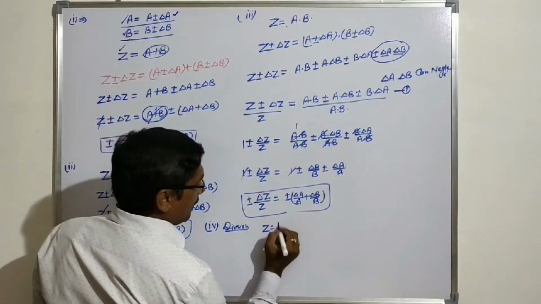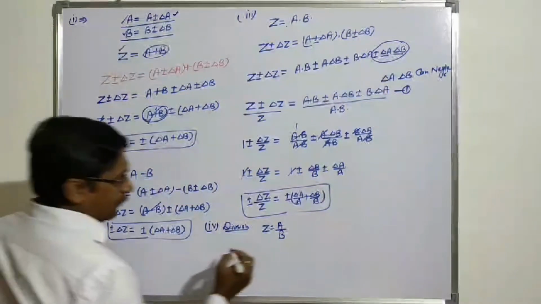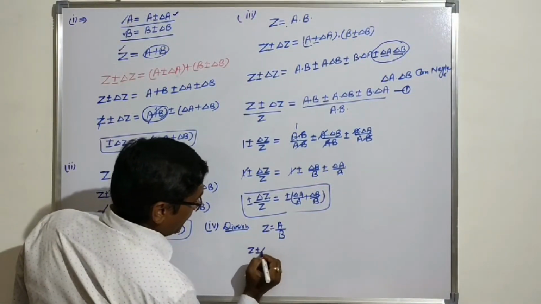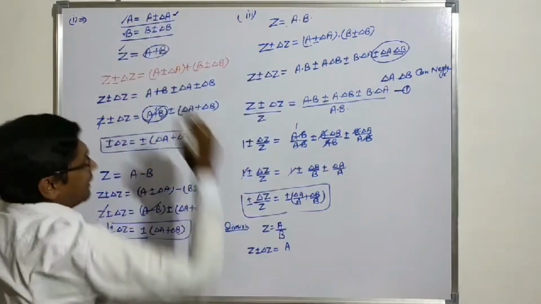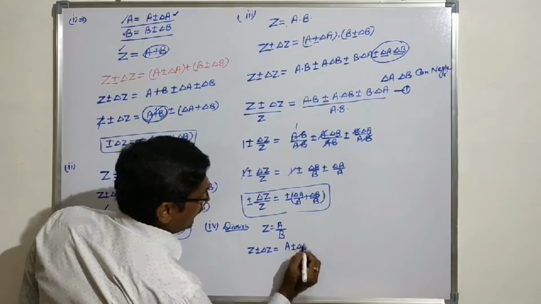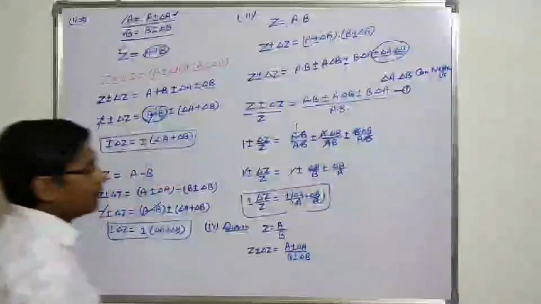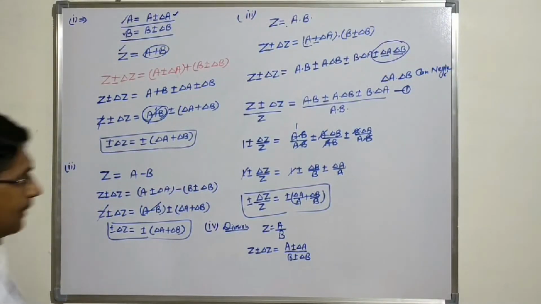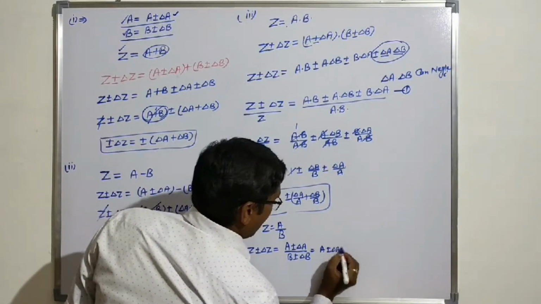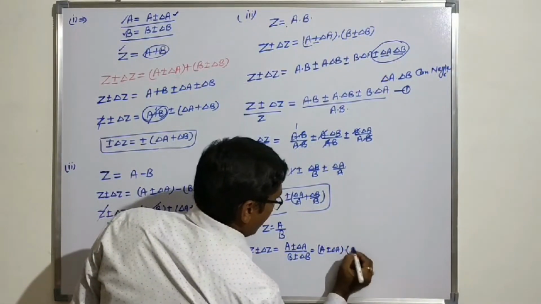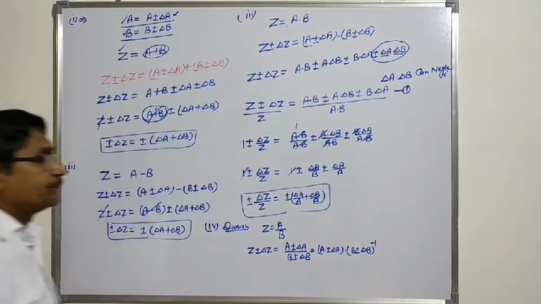Division means Z is equal to A upon B. So we can write Z plus minus delta Z is equal to A upon B, where the value of A is A plus minus delta A, and the value of B is B plus minus delta B. After solving, we can write in this format: A plus minus del A dot B plus minus del B to the power minus 1.